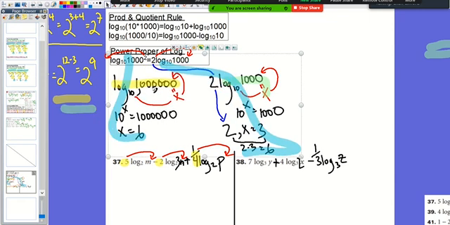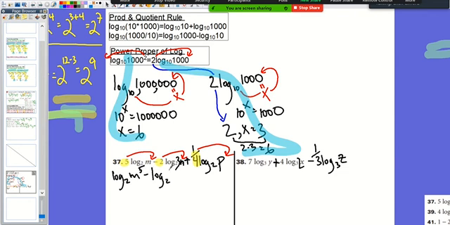So now our problem is going to read like this. Log base 2 of m to the power of 5 minus log base 2 of 3n to the power of 2.